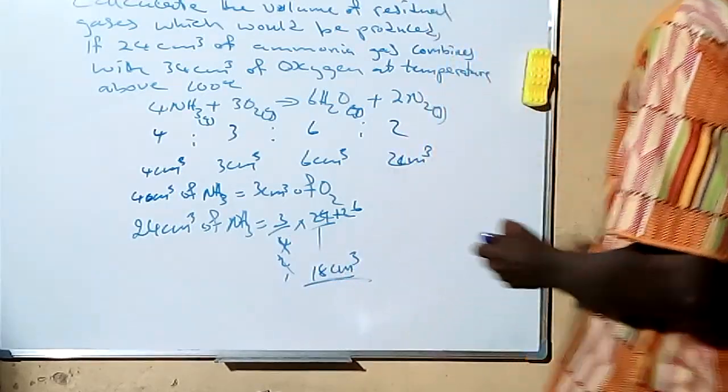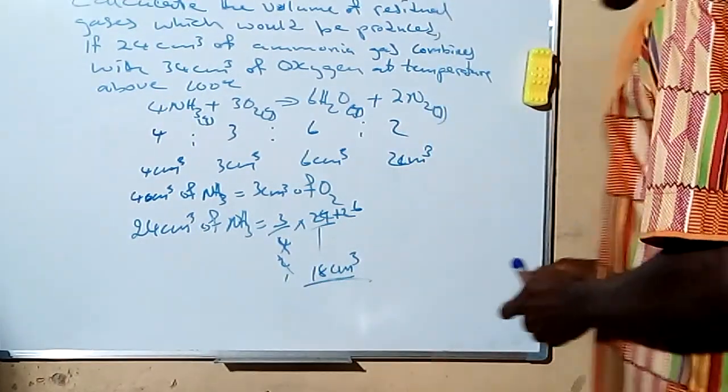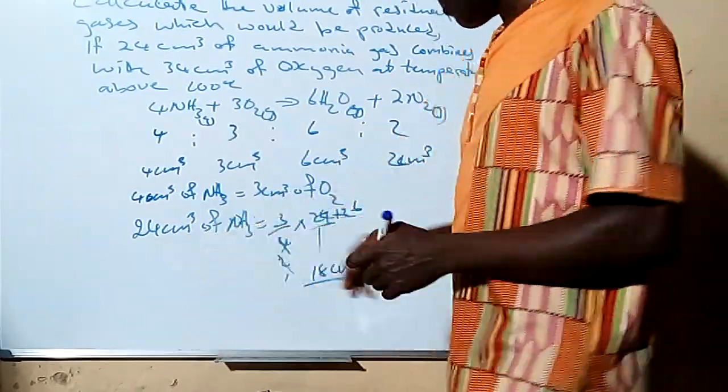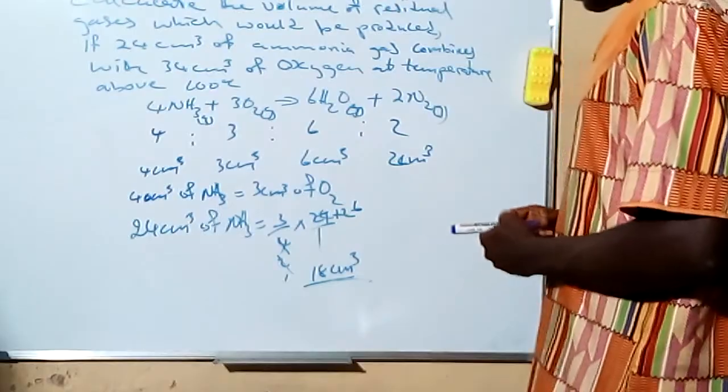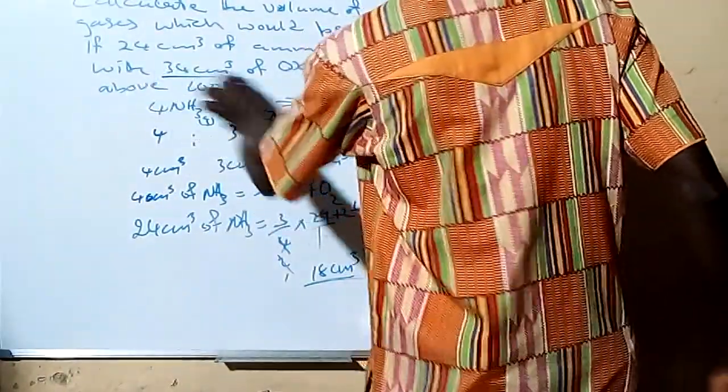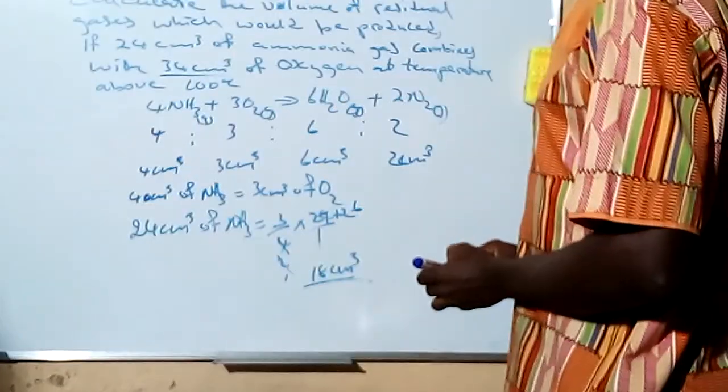That means what reacts with 24 cm3 of ammonia is 18 cm3 out of the 34 we have here. That means oxygen is in excess.